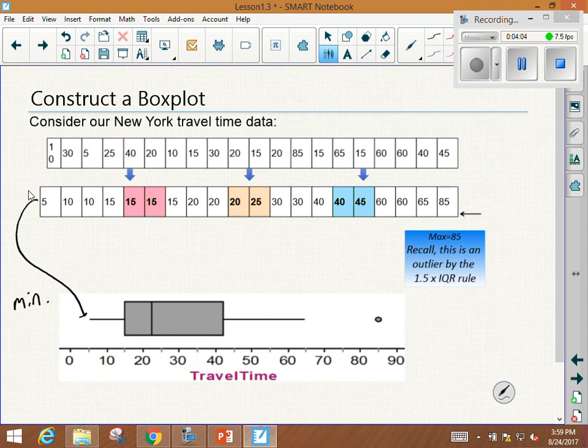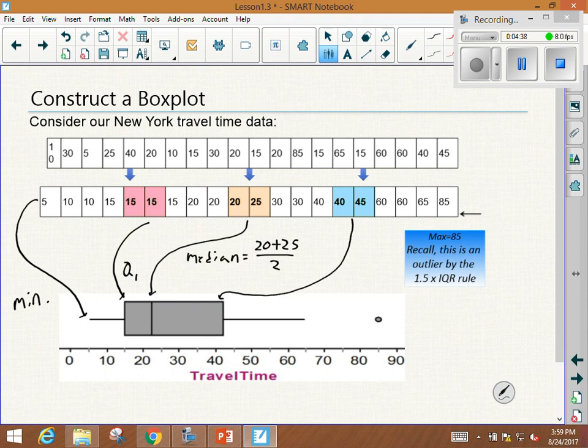What's going on here? It looks like our first quartile is 15. All right, so this guy here, Q1. What's this? Our median. Here's our median. Remember, we calculated our median by doing 20 plus 25 divided by 2. Over here, quartile 3.